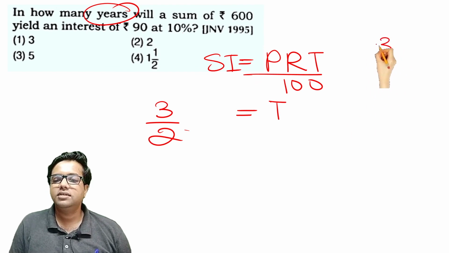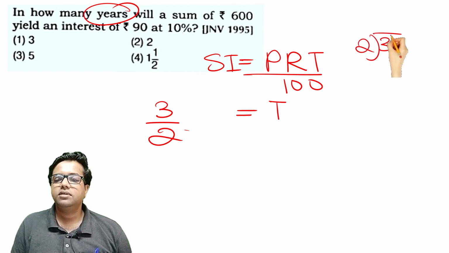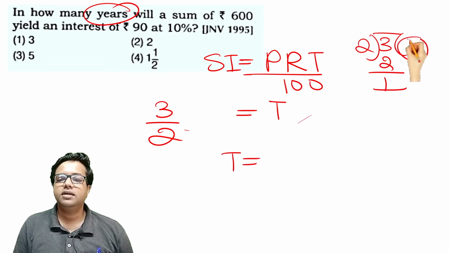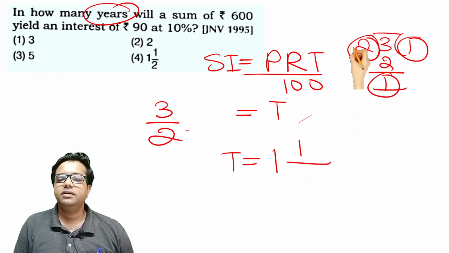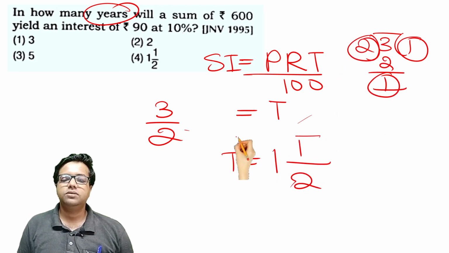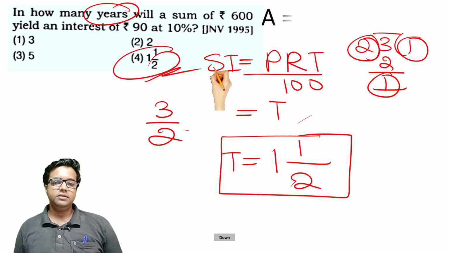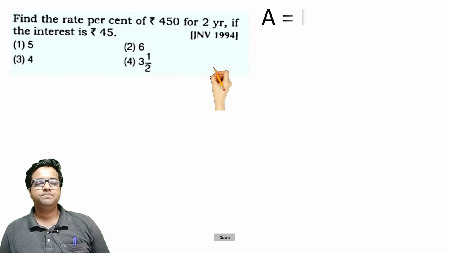How? Let's divide this. 2 ones are 2, remainder 1. So time can be written as whole number 1, numerator 1 by denominator 2. So time will be equal to 1 1/2. Option 4 is the right answer for this question.